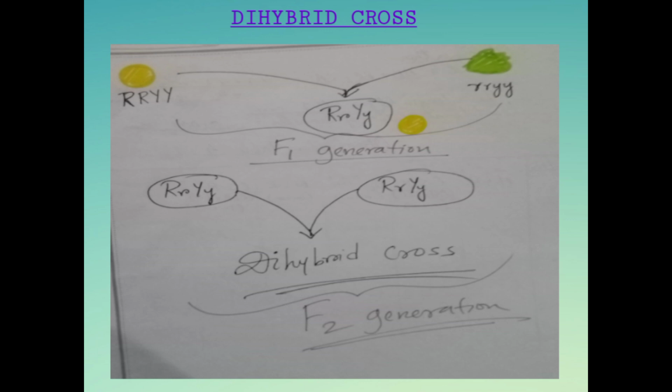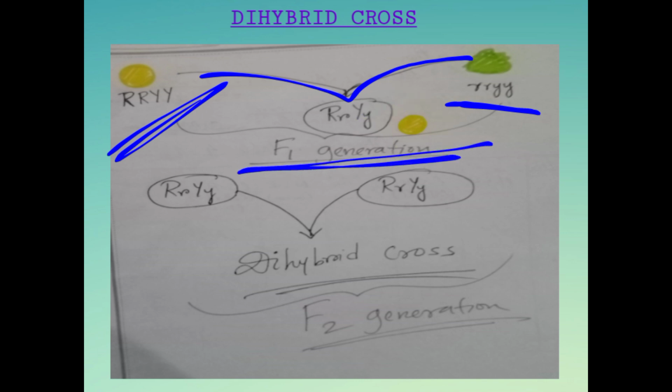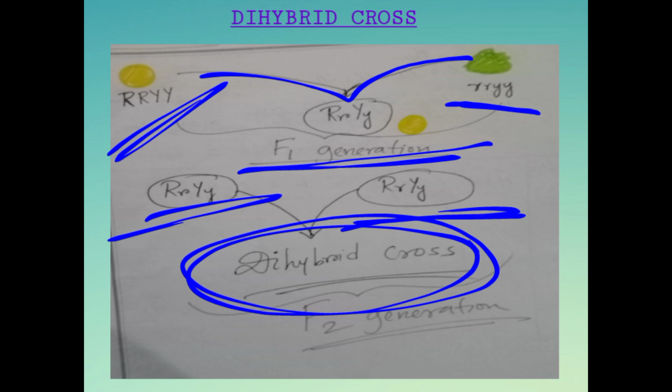One plant is having the dominant characters, another one is having all the recessive characters, that is, green as well as wrinkled. When they are crossed, you are getting capital R small r, capital Y small y, and it will be yellow colored. This will give us the F1 generation. When the plants of this F1 generation are again crossed, they will give us the dihybrid cross and the F2 generation.